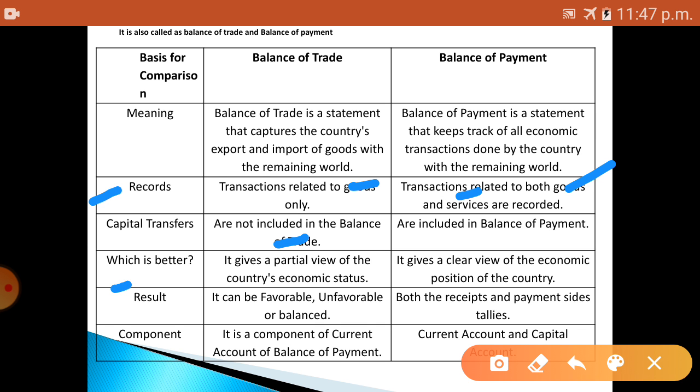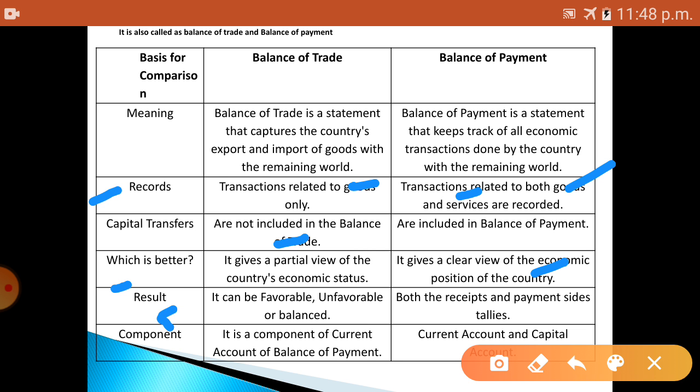Next comes which is better, balance of trade or balance of payment. Balance of trade gives a partial view of the country's economic status, whereas balance of payment gives a clear picture of the economic position of the country, meaning overall in the world what position the country stands in.